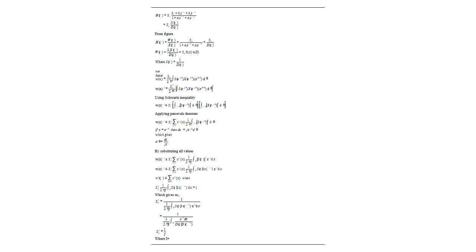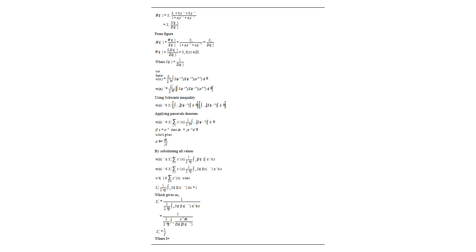So if z is equal to e^jθ, then dz is equal to j e^jθ dθ, which will give dθ equal to dz by jz. So by substituting all the values, w(n) squared is less than or equal to S0 squared, summation n equal to 0 to infinity x squared of n, into 1 by 2π closed contour integral S(z) squared z inverse dz.